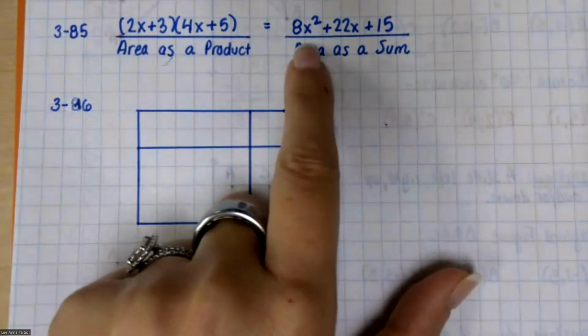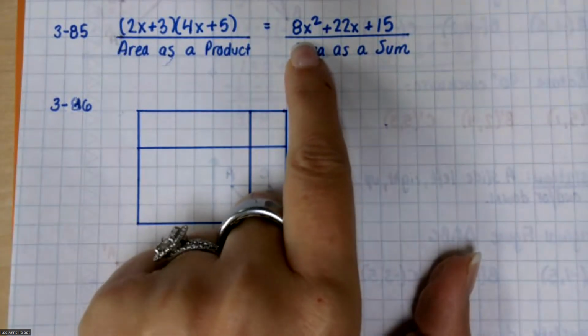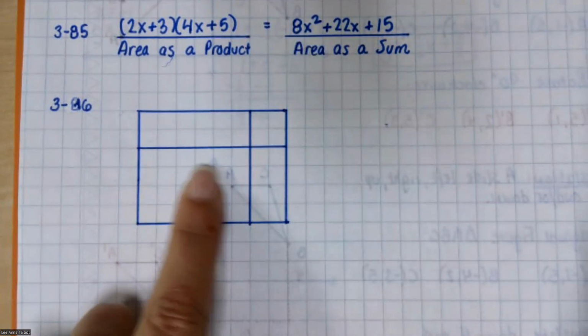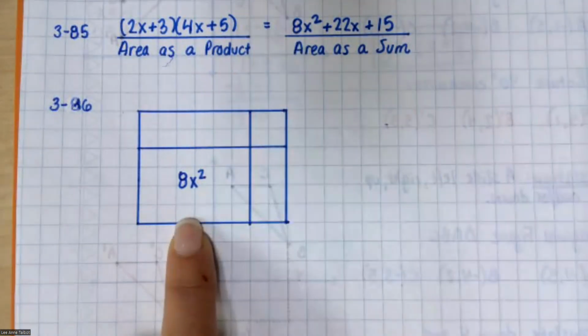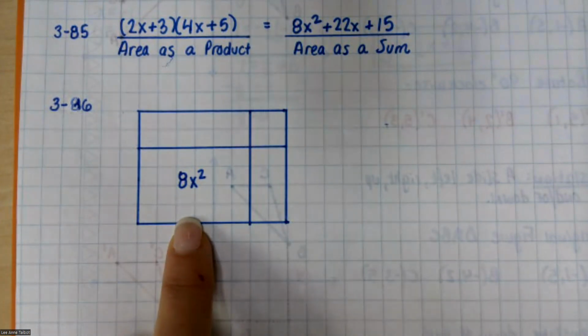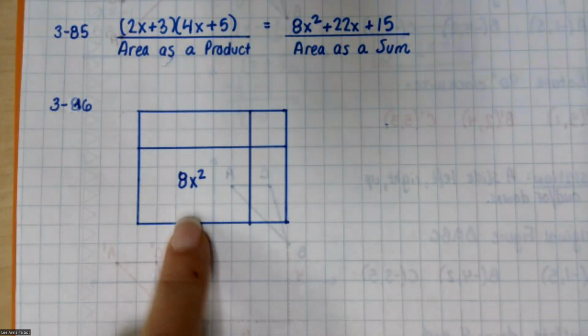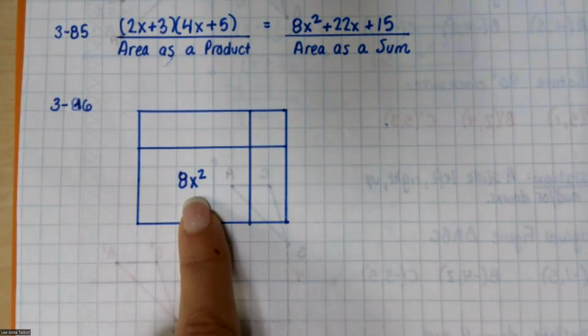Okay, now how many x squared tiles were there? 8. Okay, and I'm going to say this big section had the 8 x squared tiles. I am now grown too lazy to draw them all out. I just counted them. There's 8 of them, and I put it here.